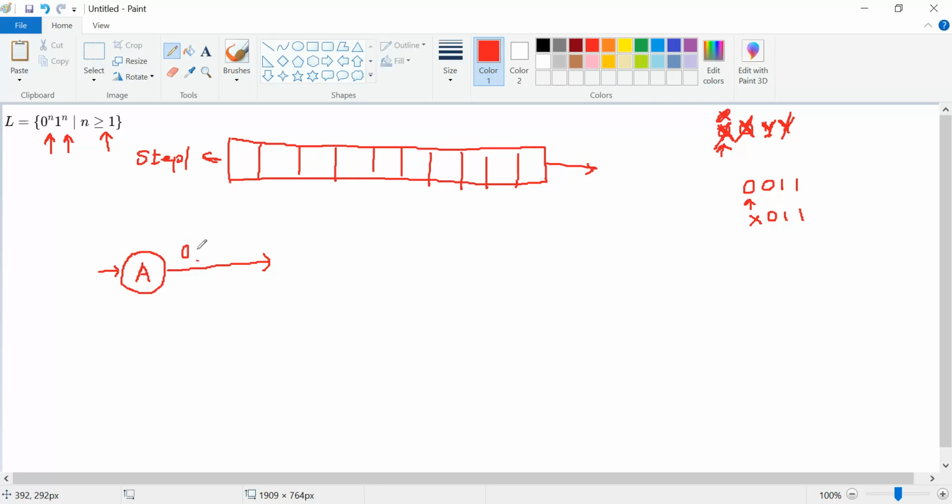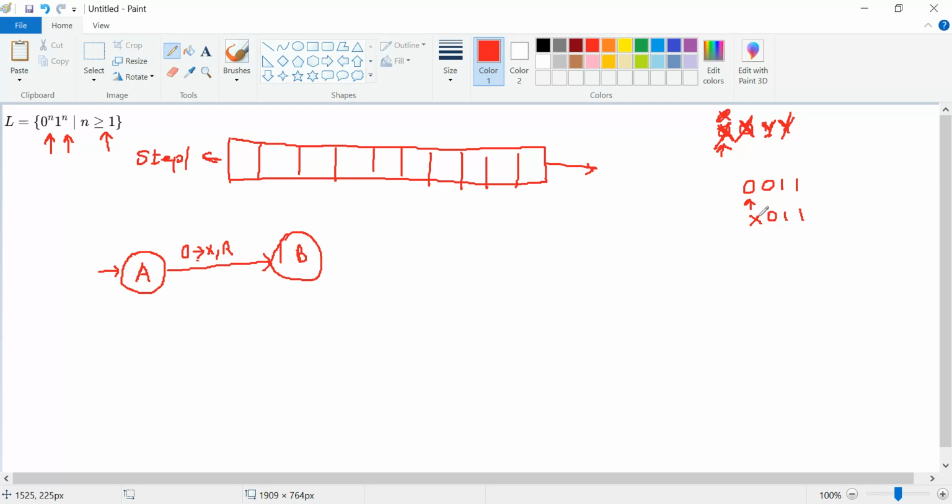When you encounter 0, you replace it with x and move right, because we now have to search for one. I have included a new state because I have made a change: I replaced 0 with x and moved right. So now I go to a new state, which I can call B.